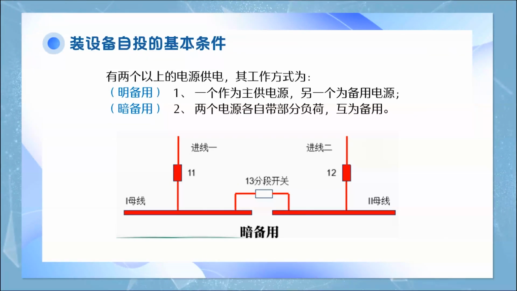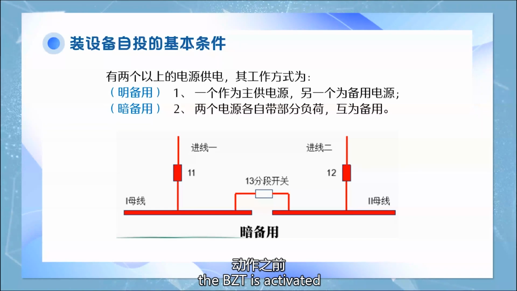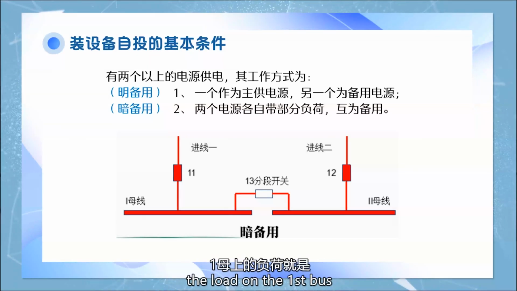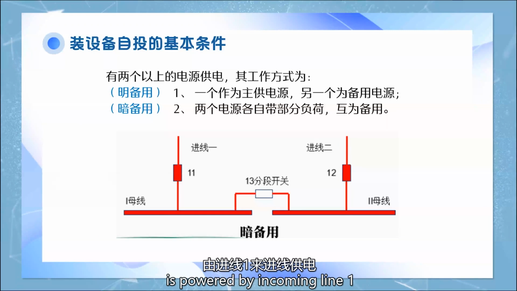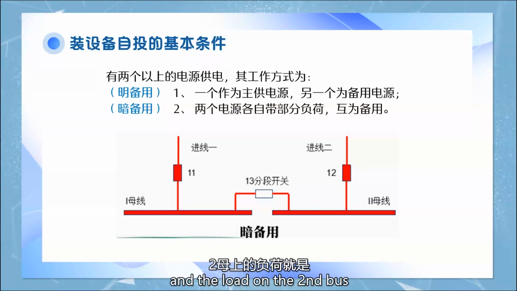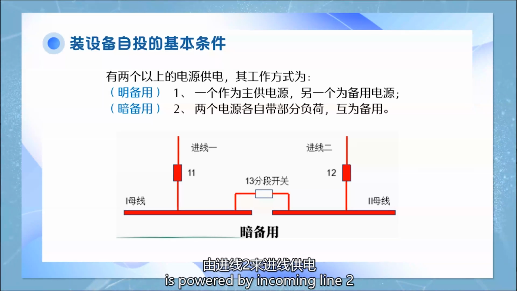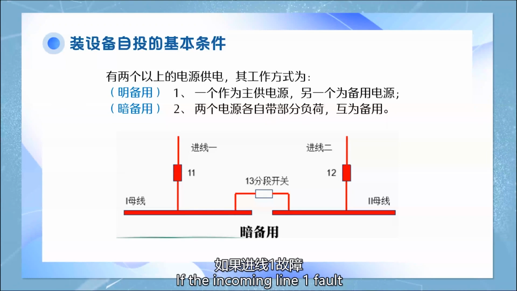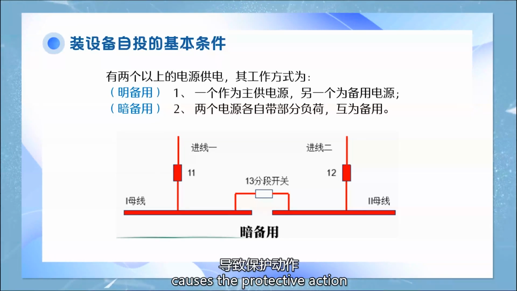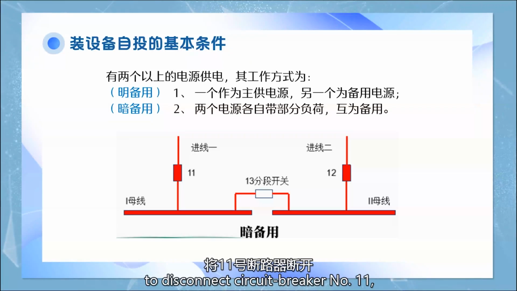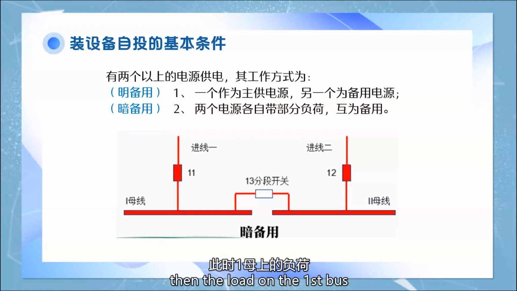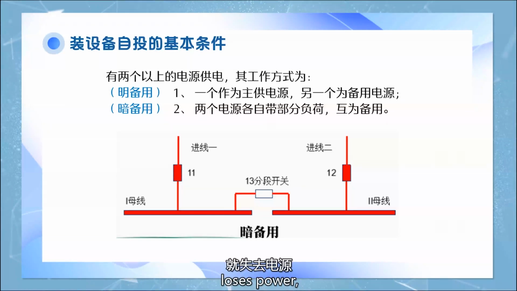That is to say, before BZT is activated, the load on the first bus is powered by incoming line 1, and the load on the second bus is powered by incoming line 2. If the incoming line 1 fault causes the protective action to disconnect circuit breaker number 11, then the load on the first bus loses power.